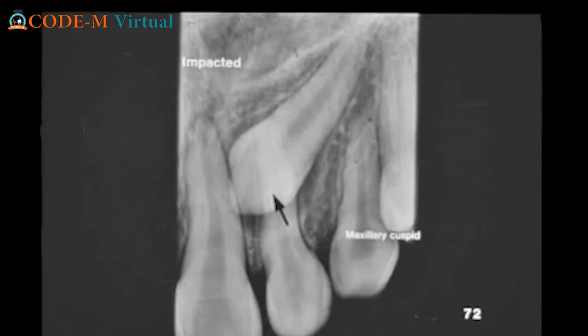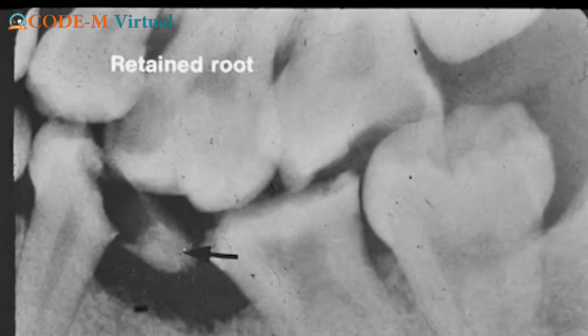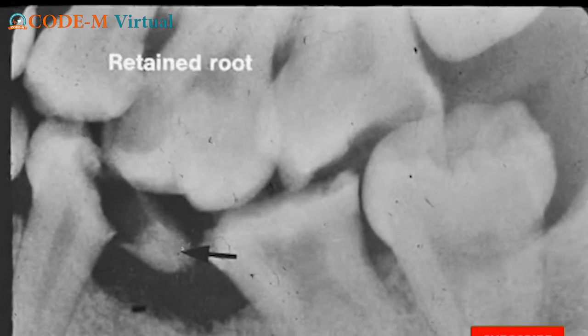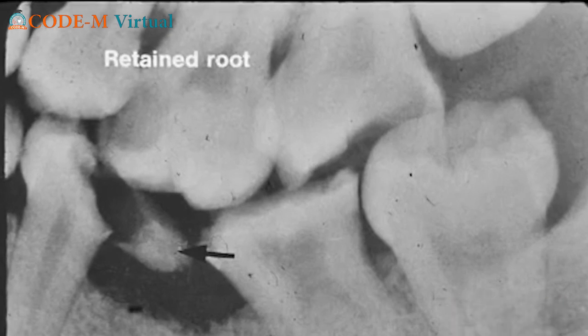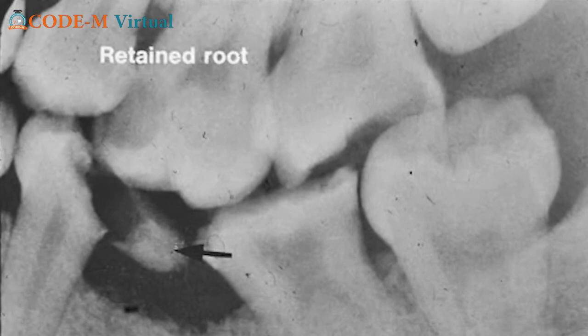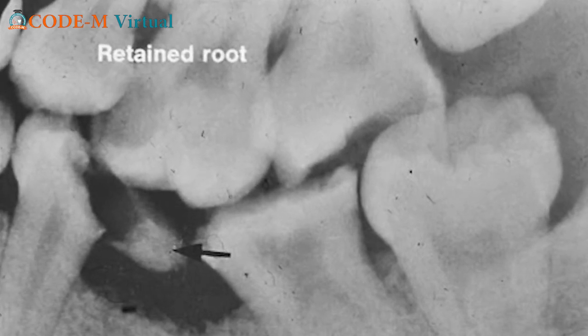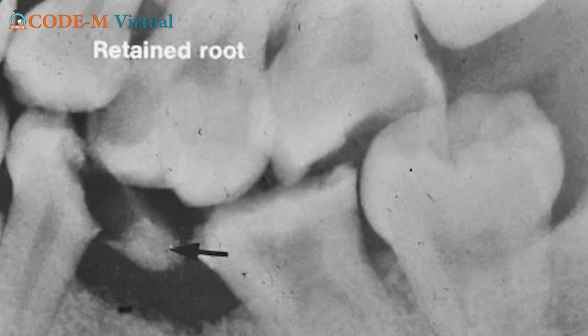Now this is the x-ray showing some dark area on the mesial surface of the tooth area. The arrow is indicating that area, and the arrow is showing some radiopaque thing, and this can be a retained root in this area.